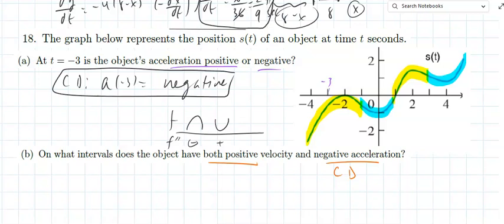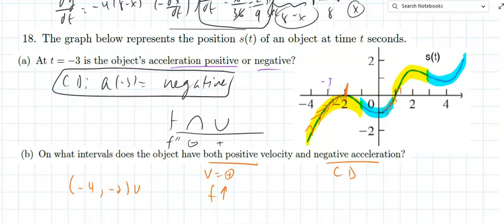Velocity is positive if the function is increasing. The function is increasing on the yellow part only from negative infinity to -2. Then here it's decreasing. It's increasing here, but this doesn't count because negative acceleration is concaving down.